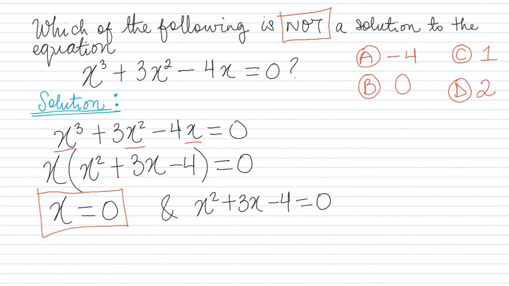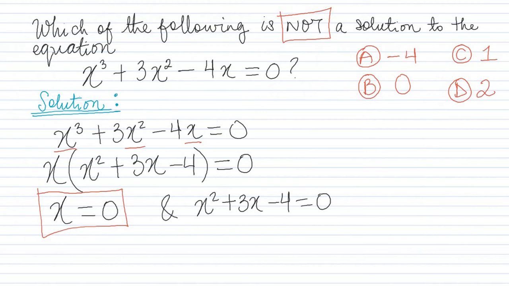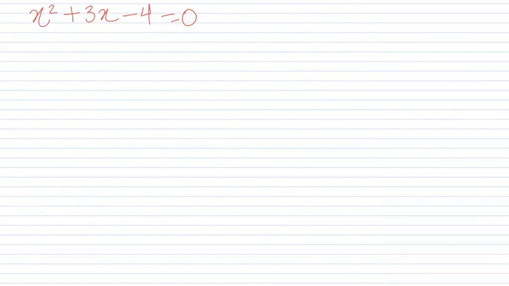So we're now going to focus on x squared plus 3x minus 4 equals 0, and I'm going to use the factorization method.